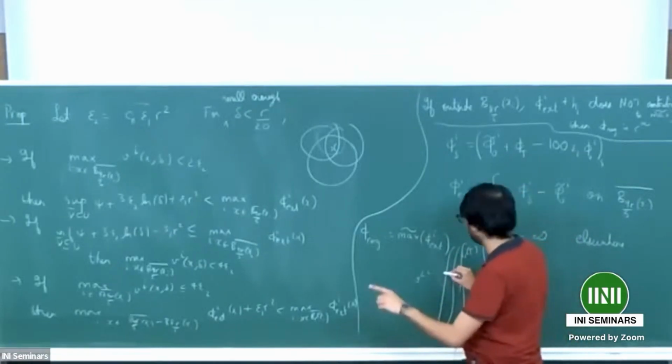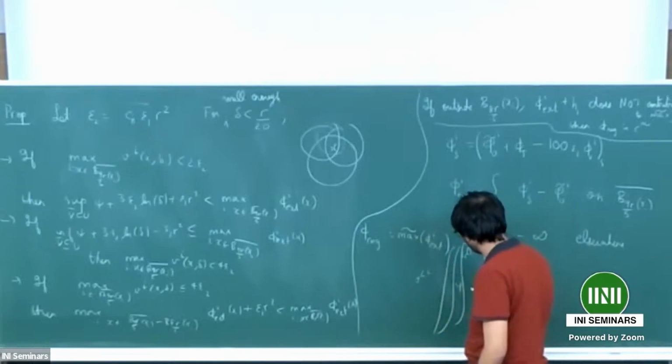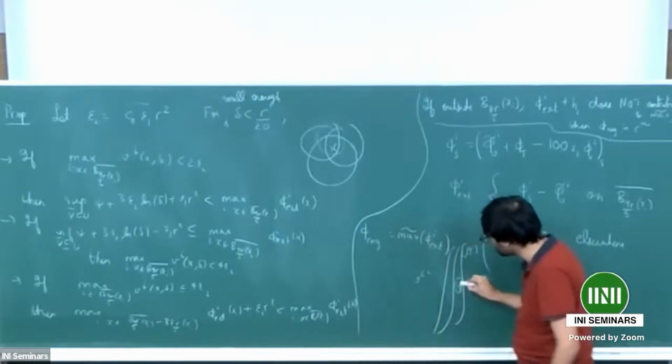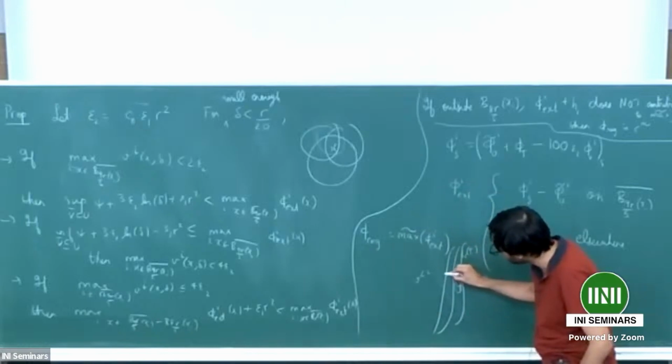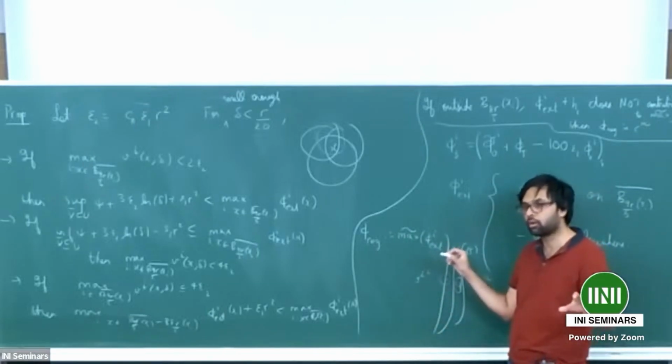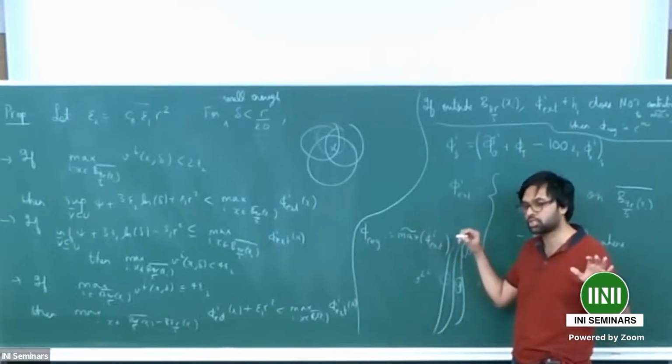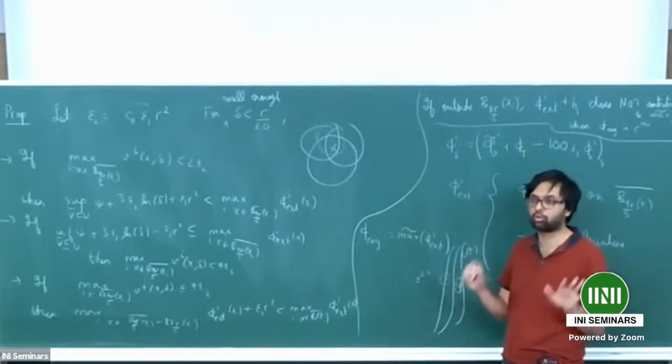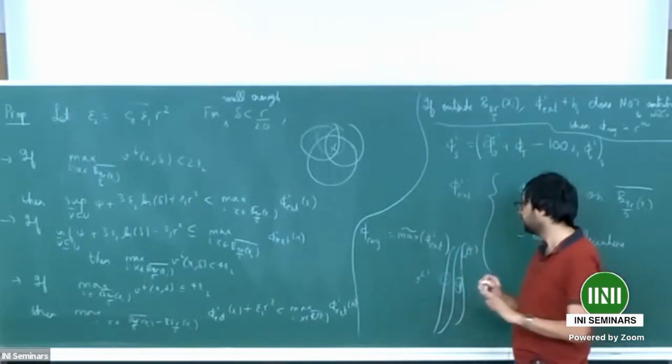If you're near this boundary, C must not contribute to the maximum. If you're here, you're taking a maximum of a certain bunch of functions. If you're near this boundary, this must not contribute to the maximum. That's the principle. If you're near the boundary of a place where a function is defined, that function must not contribute to the maximum. Okay.